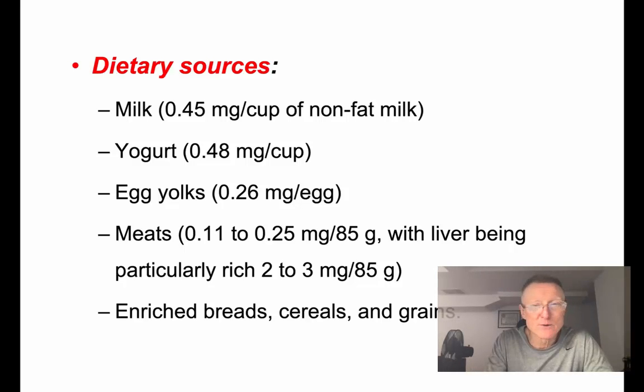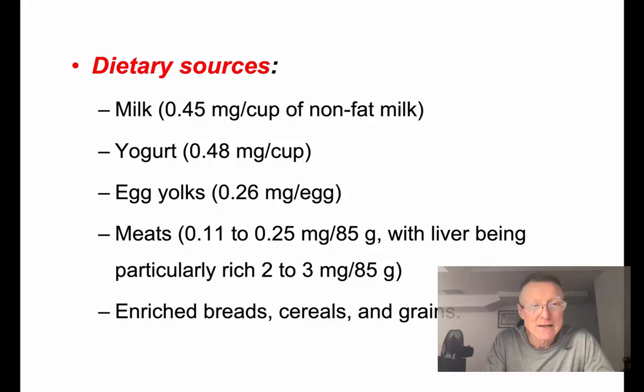If you were allowed to eat only one particular food, and you had a choice, probably liver. If you were to make your decision based on nutritional value, probably liver would be the choice. But I know that when you talk about liver, it is not the most appetizing food. Some people love it, but a lot of people don't like it.